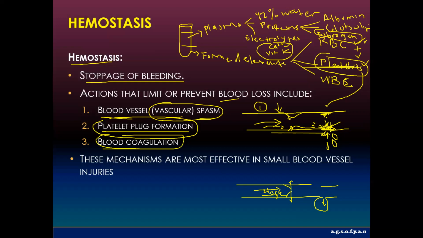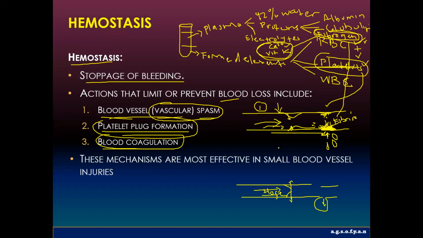And for this process, we need this protein over here, the fibrinogen, together with the calcium and vitamin K, to make the glue that will seal this area. So fibrinogen will be converted into fibrin. And fibrin is a thread-like protein that will seal this area together with the calcium, vitamin K, and some other factors.